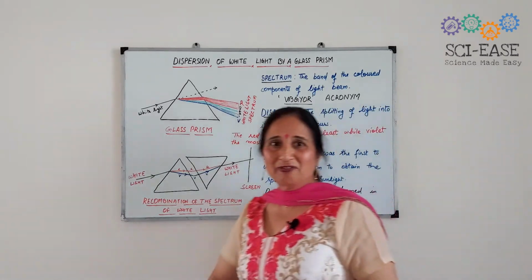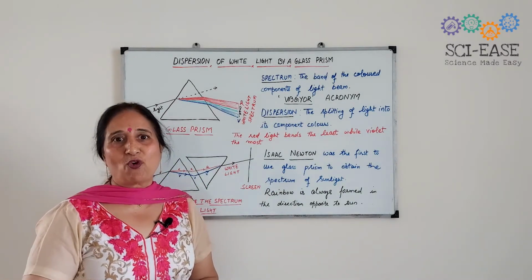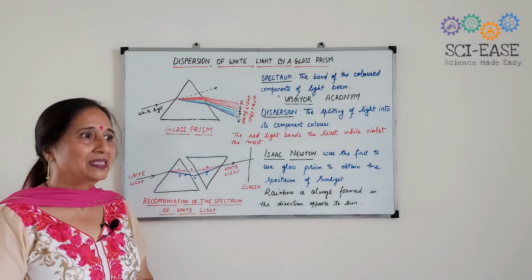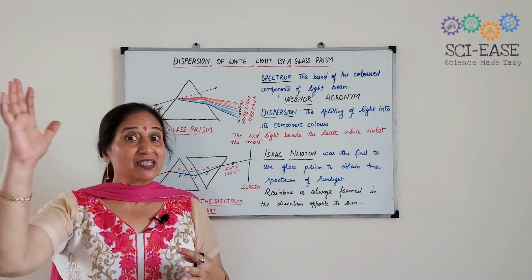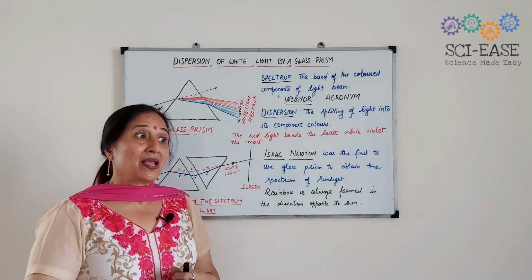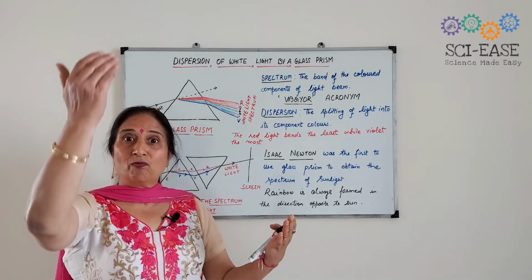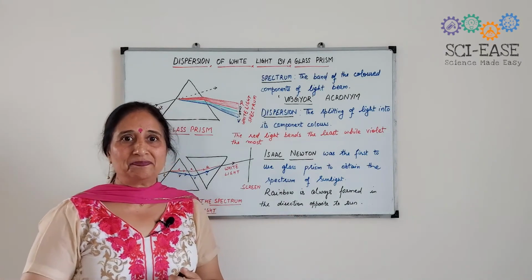Now come to the first question, how is a rainbow formed? After the rain shower, sometimes the sun appears. And you know, after rain, water droplets are there in the atmosphere.